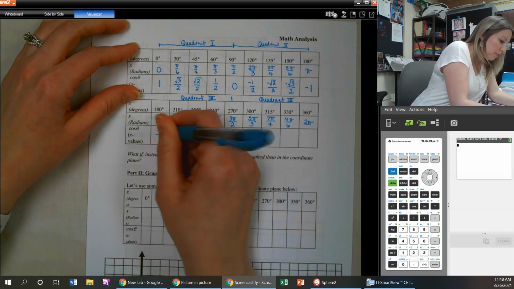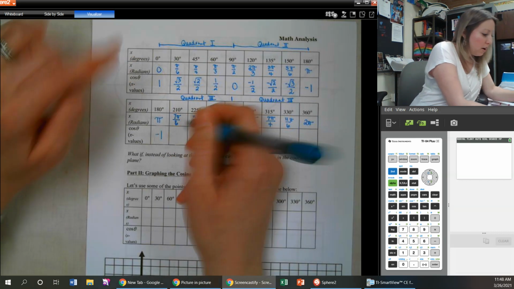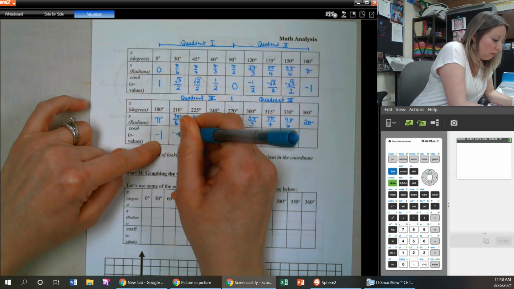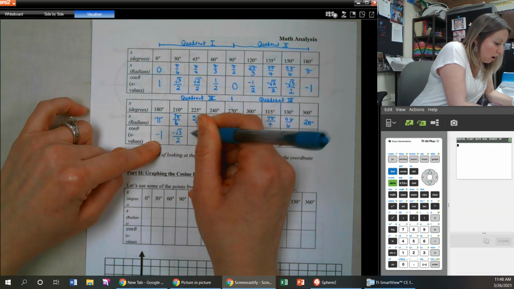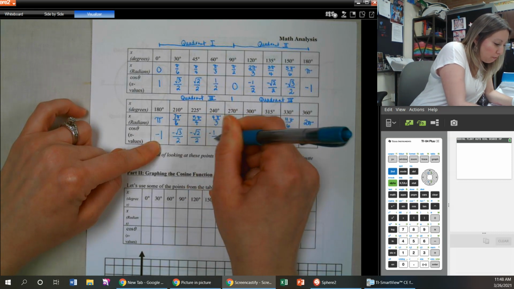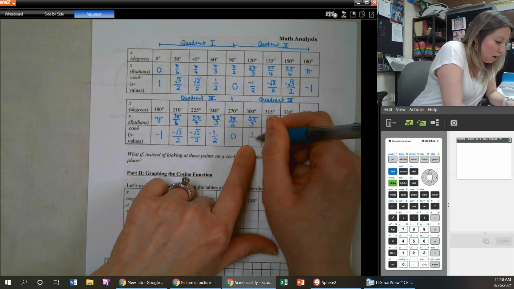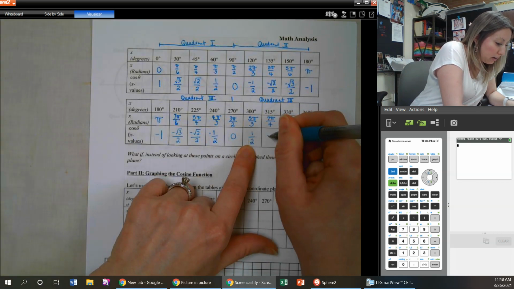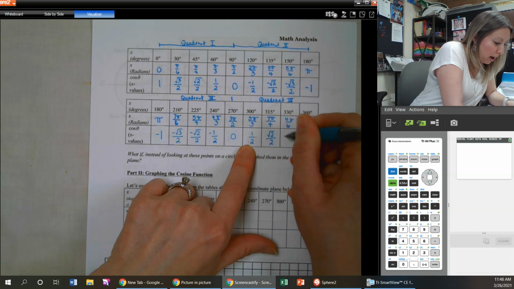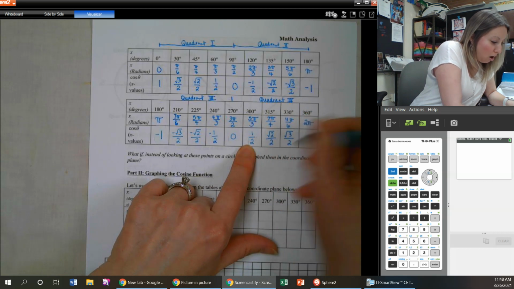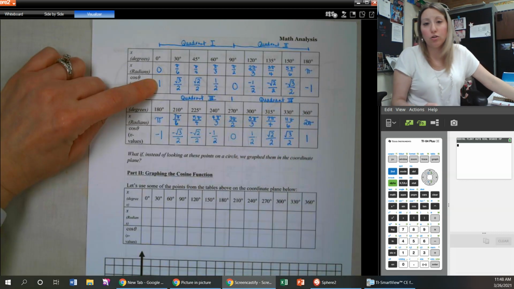And this guy is where your -1 starts. And then, of course, we're down all the way at the bottom, negative radical 3 over 2, negative radical 2 over 2, -1/2 to 0 again. Now finally back to the positives, positive 1/2, positive radical 2 over 2, positive radical 3 over 2, all the way back up to +1.